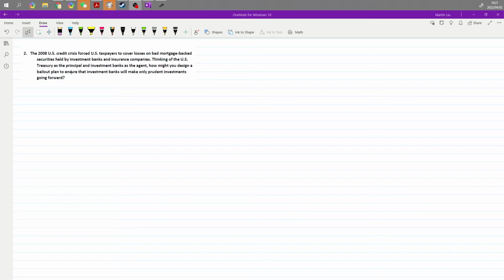It's a relatively strange question to see, but it does have a solution. Just to quickly remind you of the three potential and most common solutions to the agency problem.